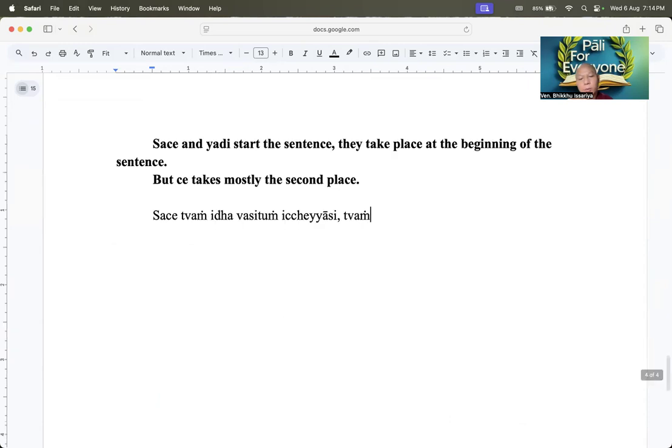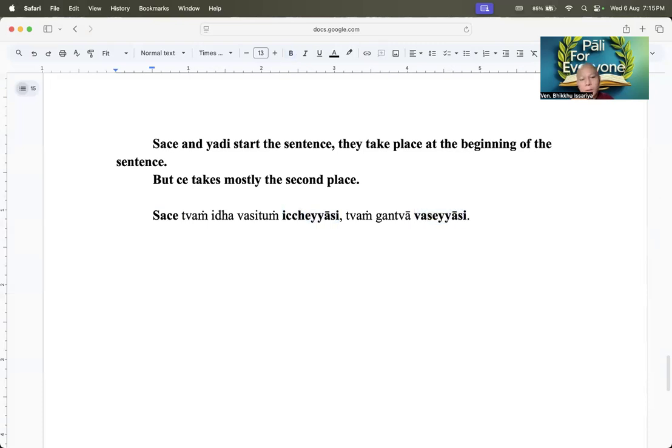You see, in this way it can also be understood. Here saji is at the very beginning, and after that here we see an optative verb, and here we see an optative verb.